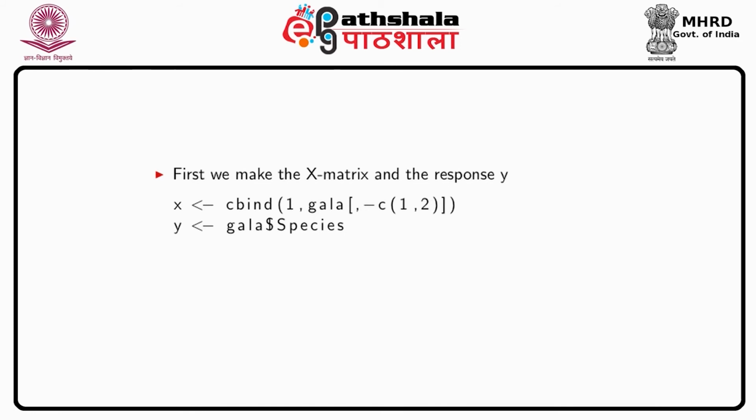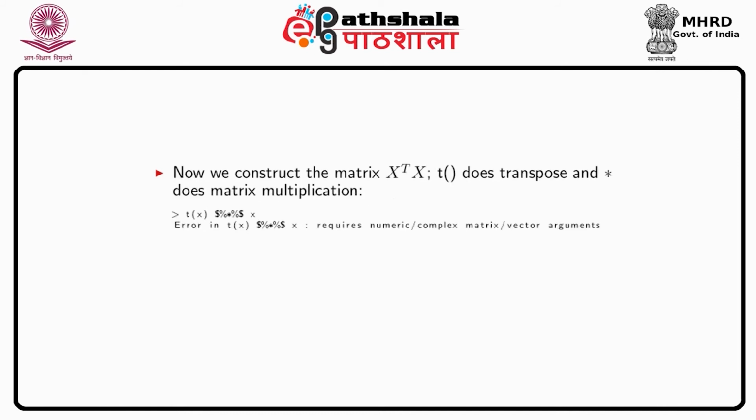X equals cbind(1, Gala[, -c(1,2)]), which will only retain the x variables, excluding the first two columns, which are the names of the species and the frequency of the species. And y equals Gala$Species, which will only take the frequencies, which is taken as the response variable or the dependent variable.